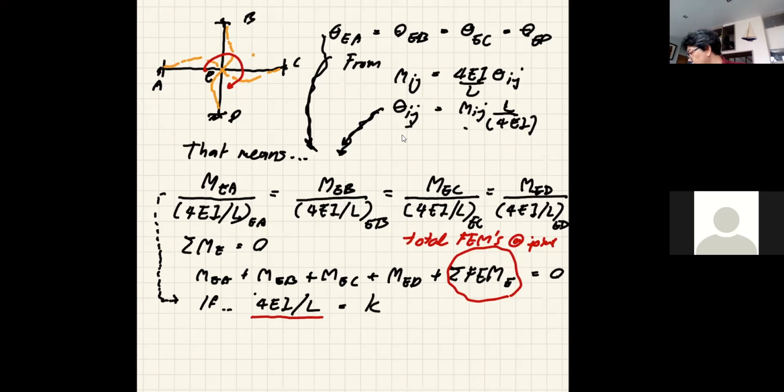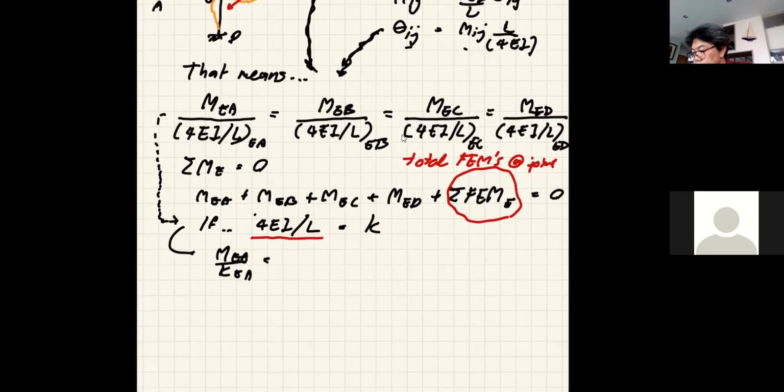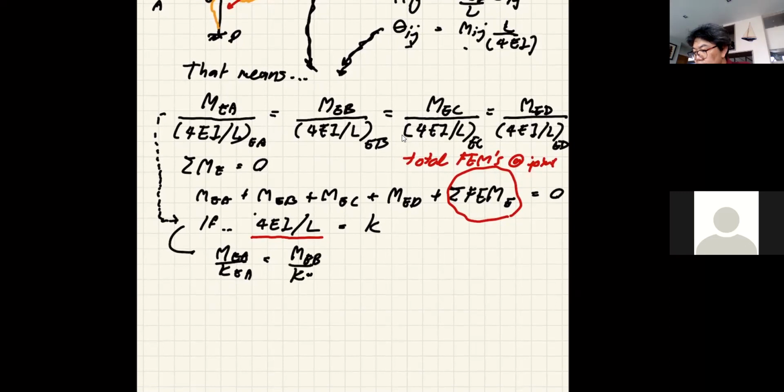If you call that stiffness K, I can rearrange this equation and write them down like MEA over KEA is equal to MEB over KEB, which is equal to MEC over KEC.